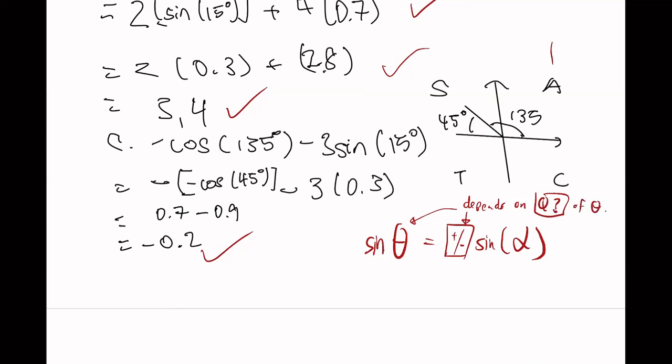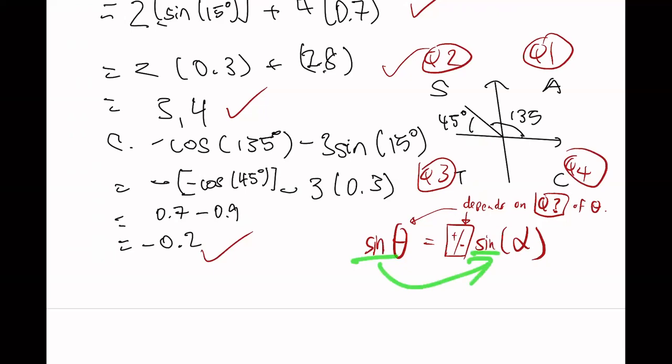Okay, Q1, Q2, Q3, Q4. Quadrant 1, 2, 3, 4. Okay. Is that okay? We'll see more examples later. Of course, that's for sine, but cosine will change accordingly. So I'll just put a slash cosine slash tangent as well.